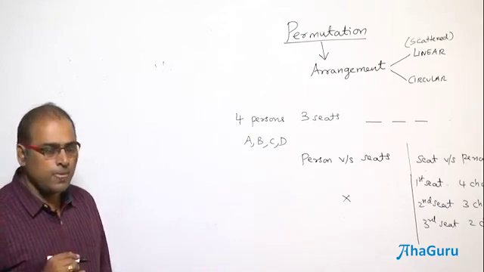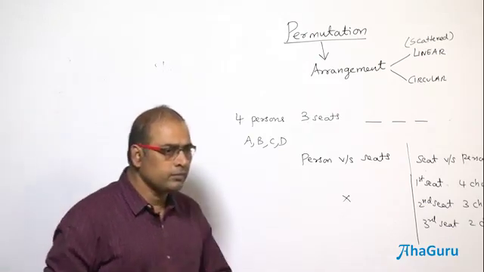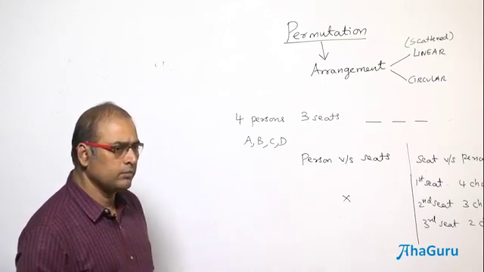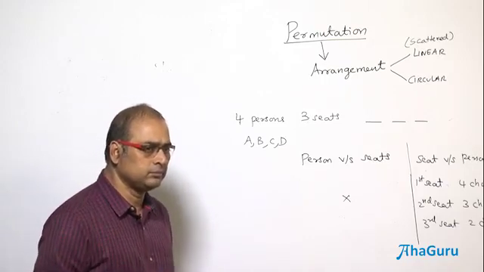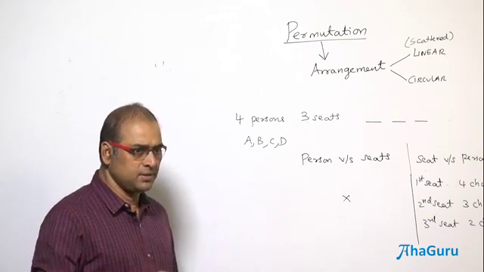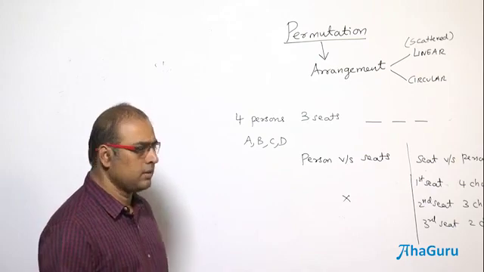Sir, we can have here the first person can occupy no seat, or the first seat or second seat or third seat. Then the second person also no seat, 1 seat, 2 seats, 3 seats. No, so the second person will have 1 choice taken away, so he'll have 3.